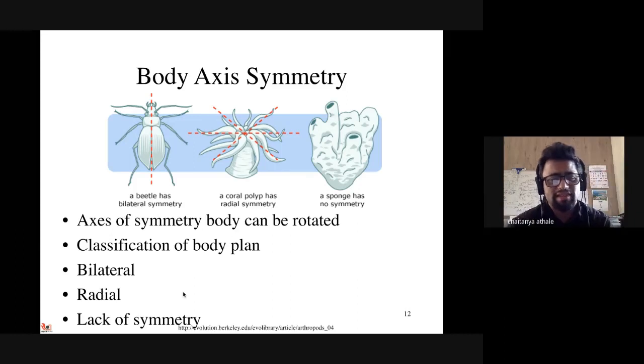So the body axis symmetries appear to be either bilateral, radial, or not at all in most animal systems.